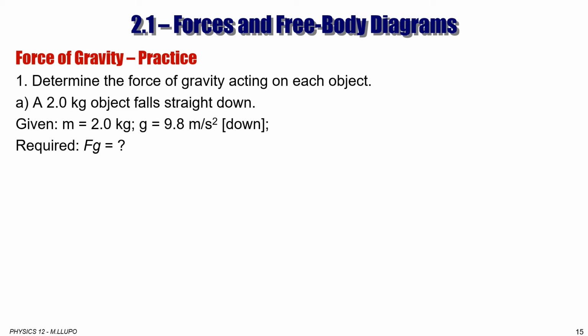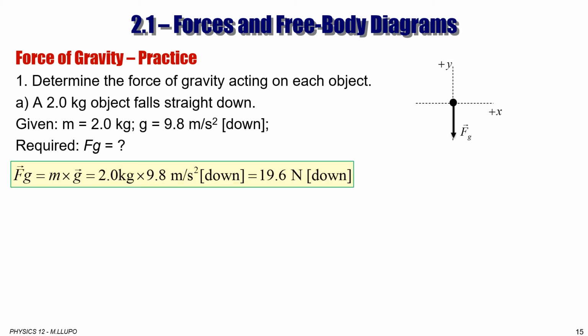What is required is to calculate the force of gravity. So we know the formula to calculate the force of gravity, which is mass times acceleration. The mass is 2 kilograms and the acceleration is 9.8 meters per second squared down. So the force of gravity would be 19.6 Newtons downward.